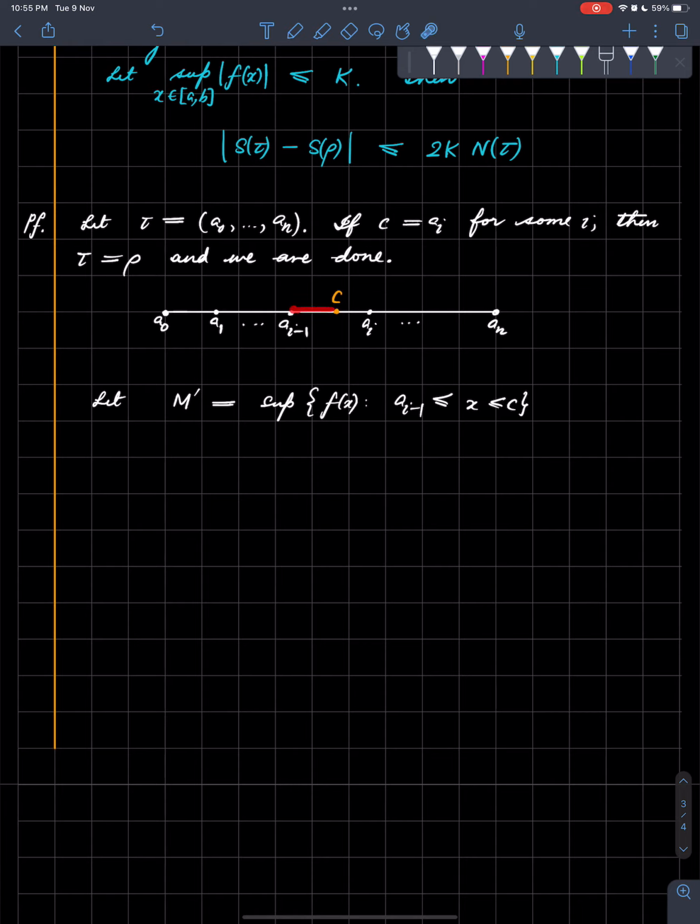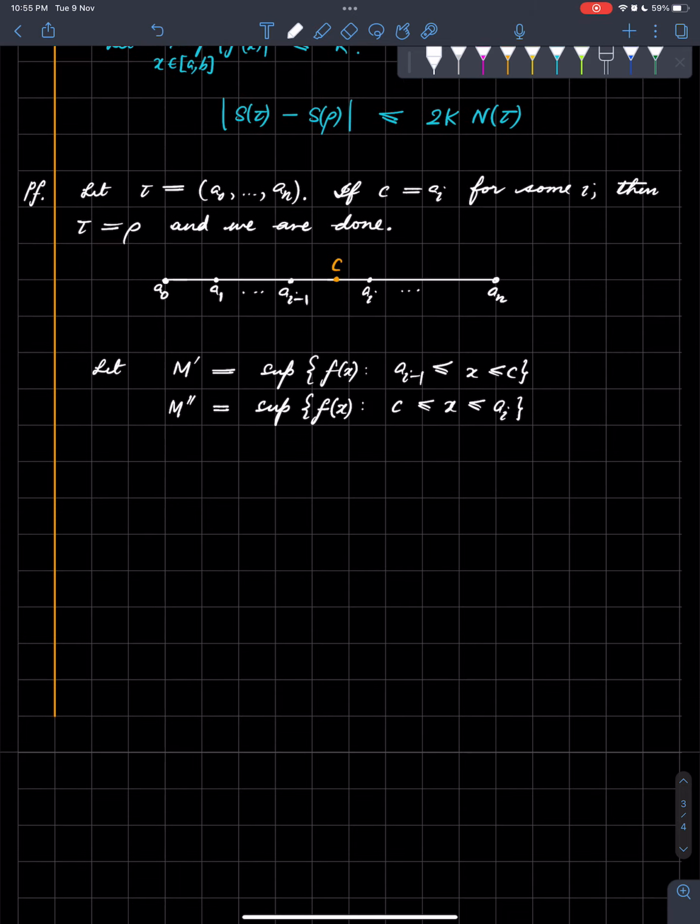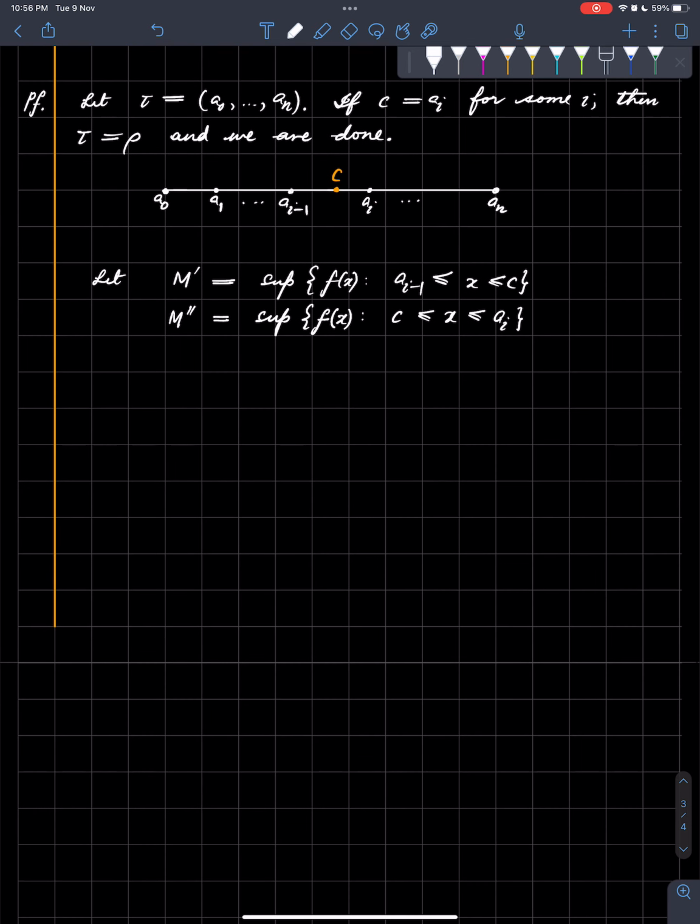So the supremum of f over this region is m prime, and the supremum of f over this region will be m double prime. Let me write that. Okay, so we have defined these two things. We'll see why we are even considering that.